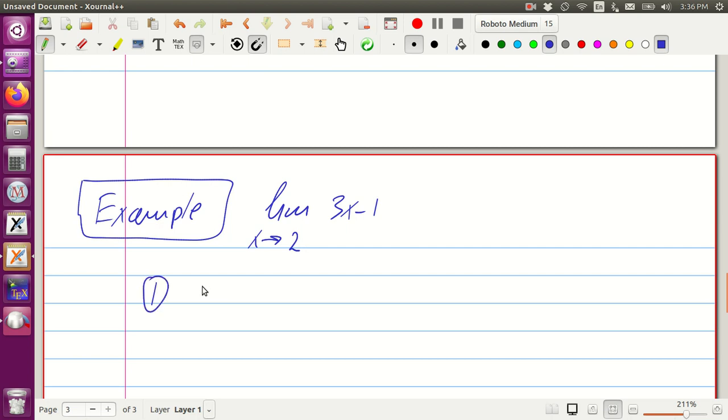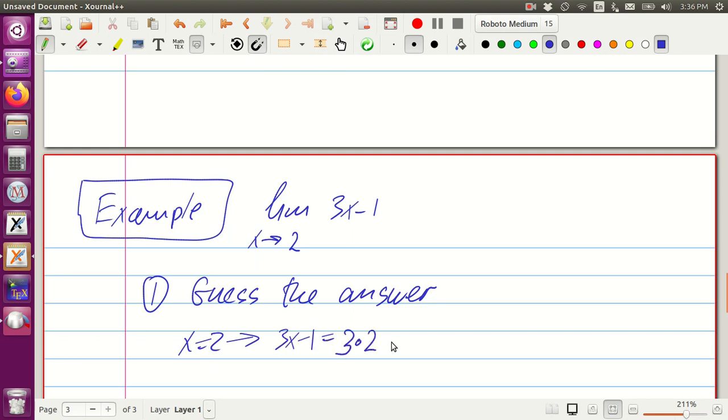So again, our first step is to guess the answer. So we're going to take x equals 2 and plug it into the 3x minus 1. So it's 3 times 2 minus 1. So it's 6 minus 1, so it's 5. So we guess our answer.